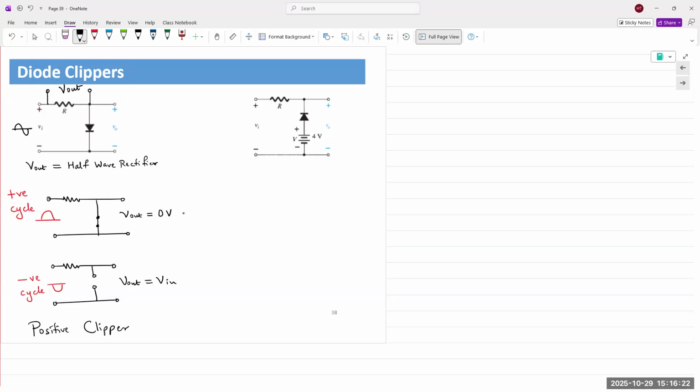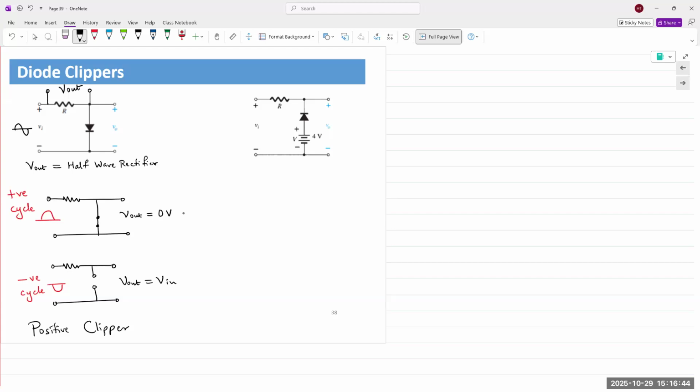So the next question I would ask is, what do you do if you want a negative clipper? Just flip the diode. That's what we had in the half-wave rectifier, right? In the half-wave rectifier, we had a diode pointing towards the right, and so it was clipping the negative half cycle.